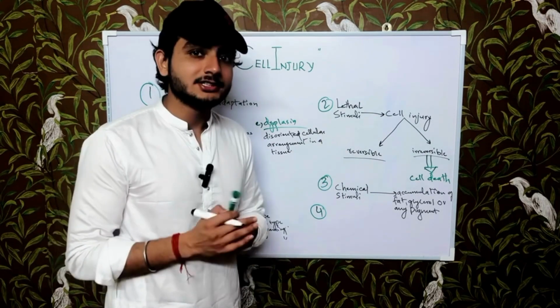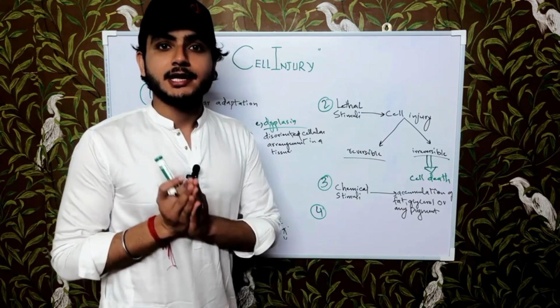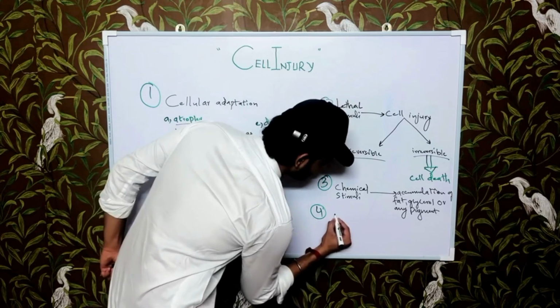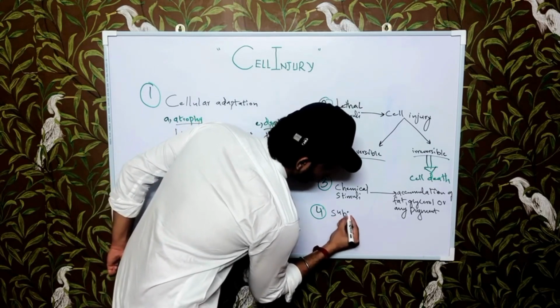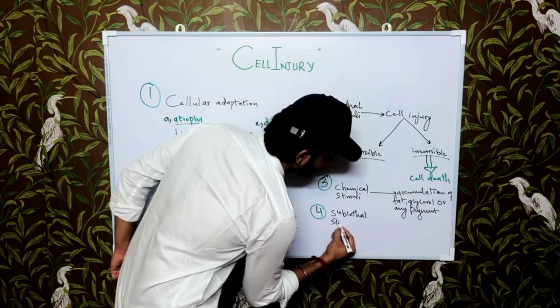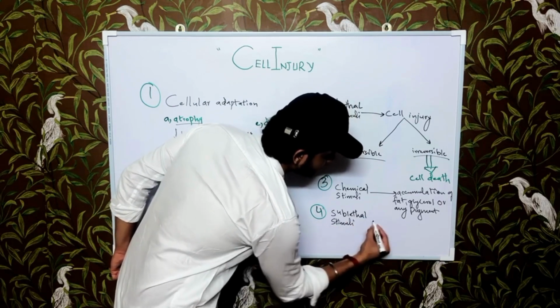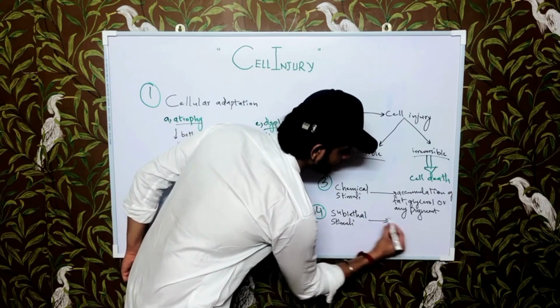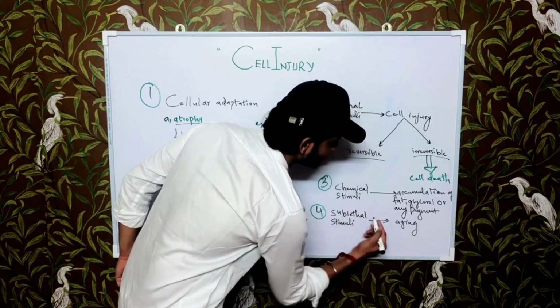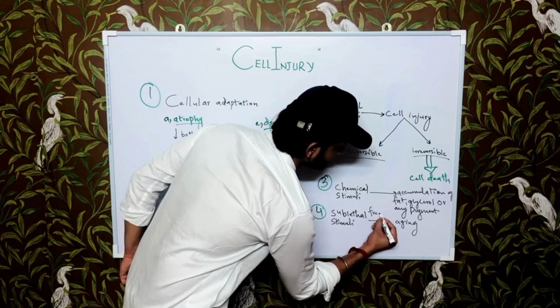Due to free radical injury, the cell responds by aging. Okay, aging. Due to any sublethal stimulus, the cell responds by aging. So sublethal stimulus includes free radical injury.